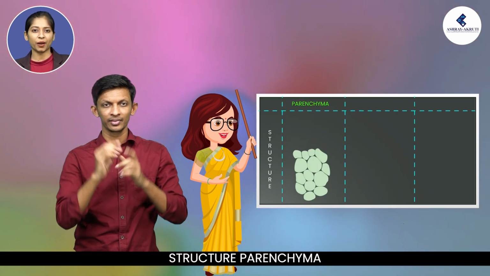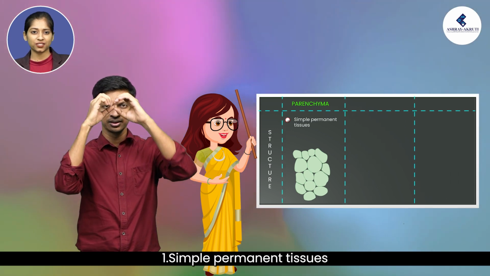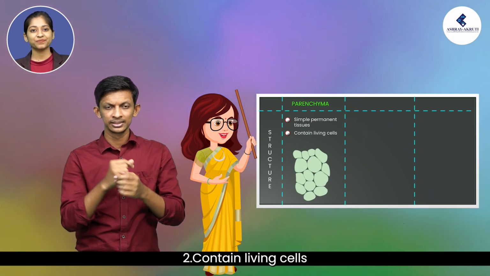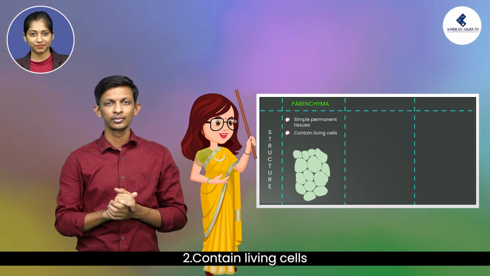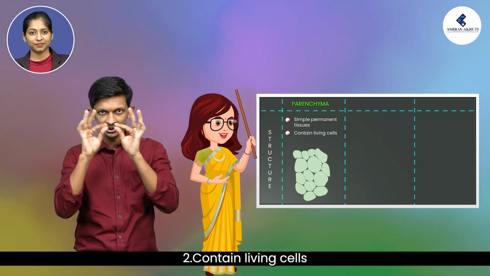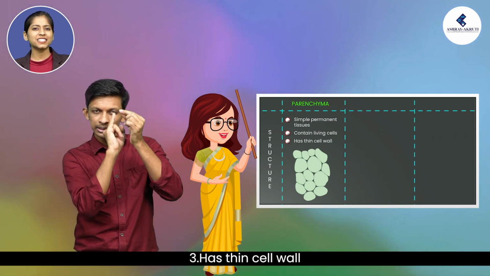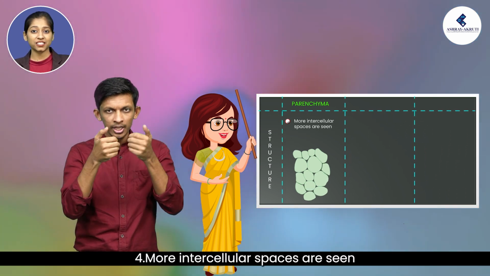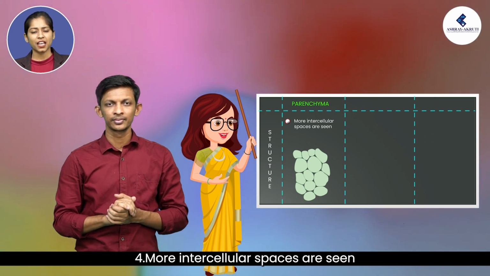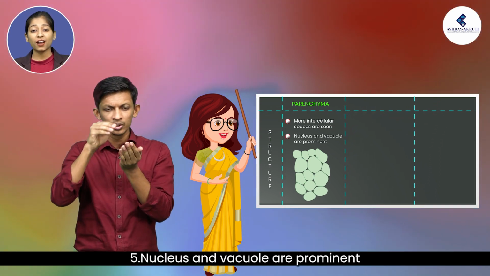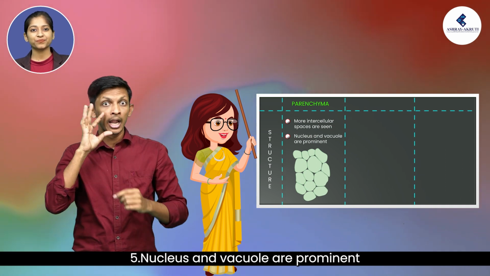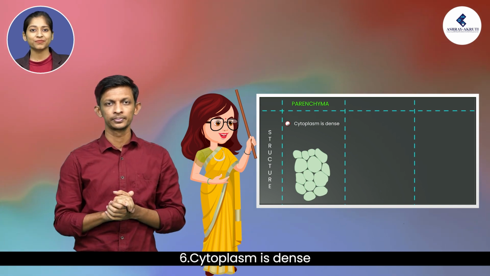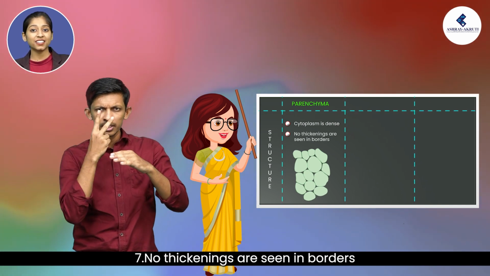Structure: parenchyma. Simple permanent tissue. Contains living cells. Has thin cell wall. More intercellular spaces are seen. Nucleus and vacuole are prominent. Cytoplasm is dense. No thickenings are seen in borders.